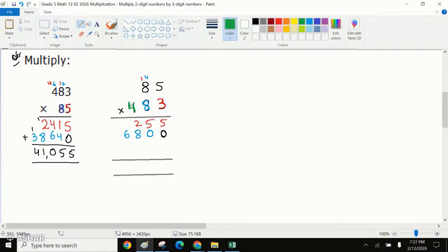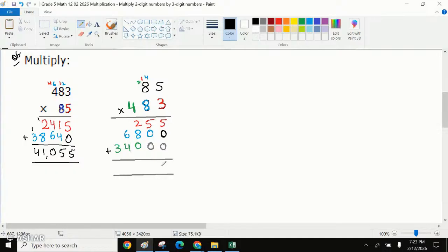Since we put 1 zero when multiplying with tens, now we have to put 2 zeros because we are multiplying with the hundreds. 4 into 5 is 20 and 2 is carried. 4 into 8 is 32 and 32 plus 2 is 34.